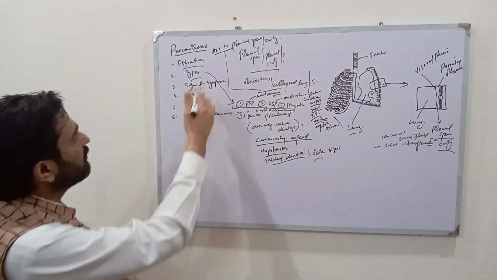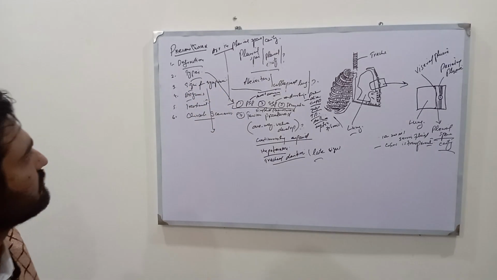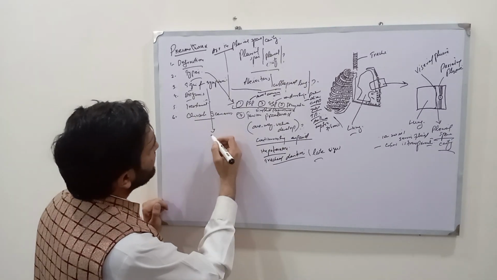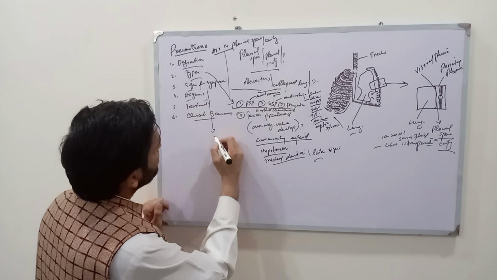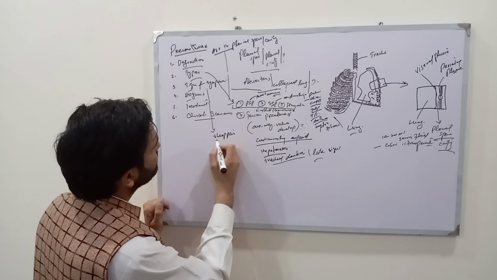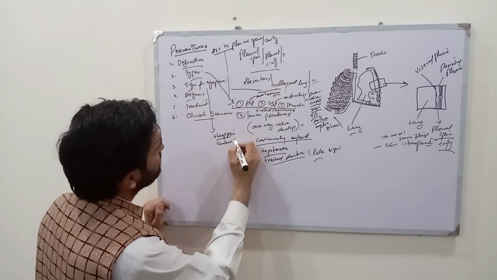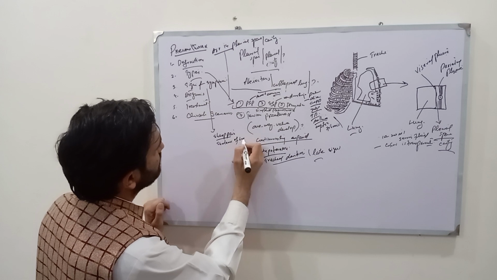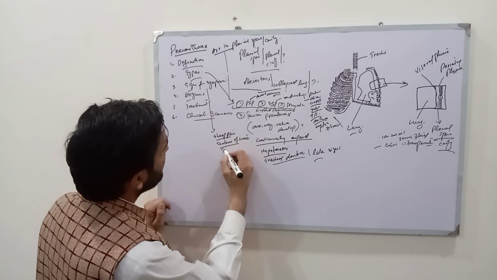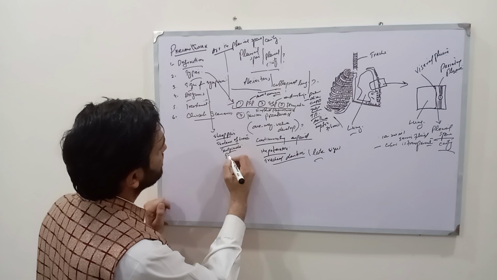Next, what are the signs and symptoms of pneumothorax? Commonly, it is related to sharp pain, shortness of breath, tachycardia, tachypnea.